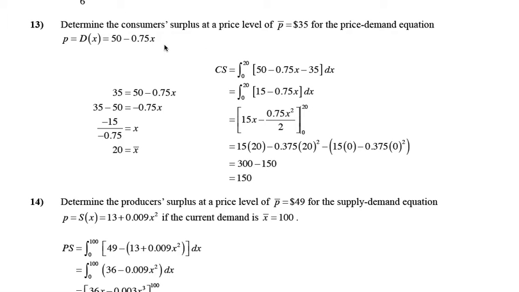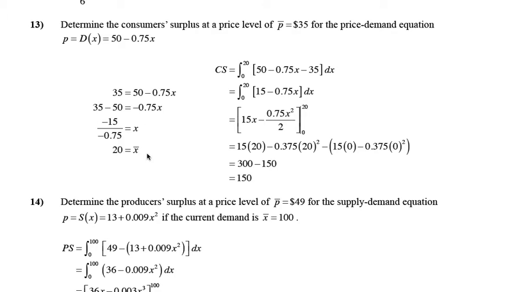In the first of these two questions, question 13, you're given the market price. The P with the bar above it is the market price, or the equilibrium price, and you have to solve the price-demand equation to find the market quantity, the equilibrium quantity.